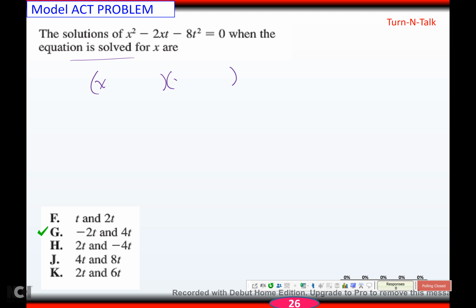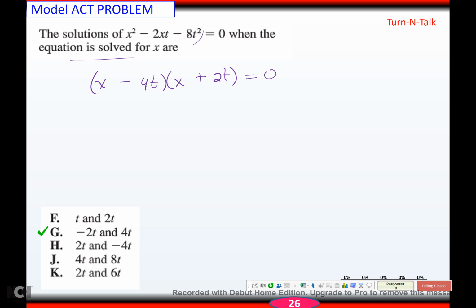So I have x and x. Factors of 8 that make 2 would be 4 and 2, but because of this t squared on the end, they're going to have their t's. So since c is negative, signs have to be different, and the bigger one will copy the middle, and the other one won't.